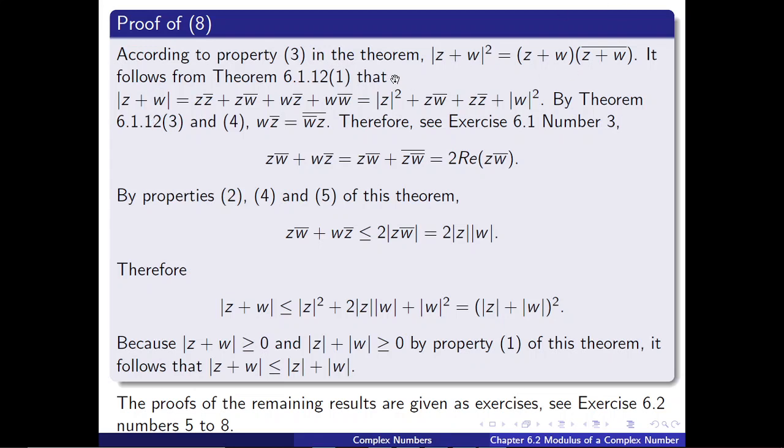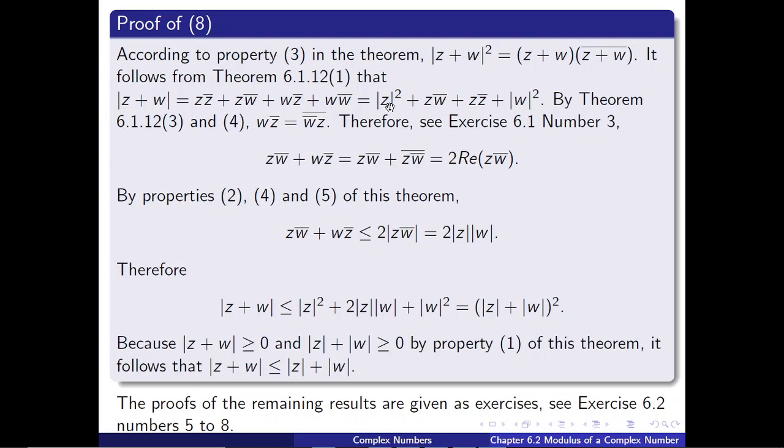And then it follows from theorem 6.1.12 that we can do an expansion of this, which leads to z times its conjugate plus z times the conjugate of w plus w times the conjugate of z plus w times its conjugate.